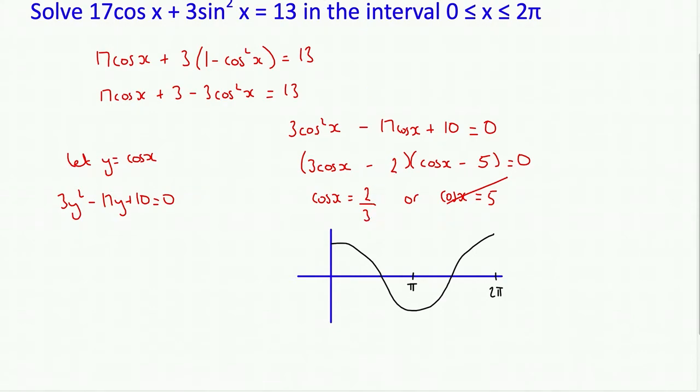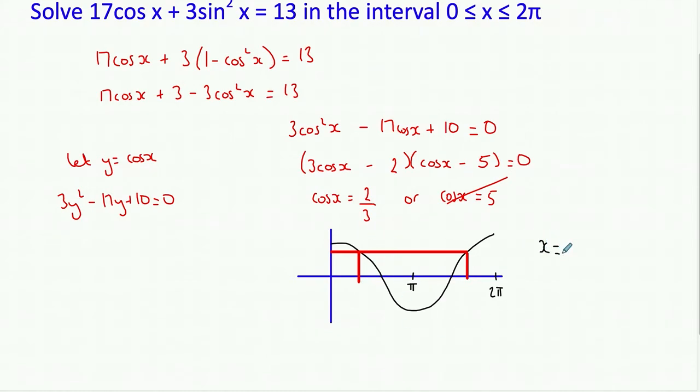And I'm going to mark on roughly where I think my 2/3 height is. And mark on all of those heights so I know how many angles I am looking for, and I'm looking for 2.